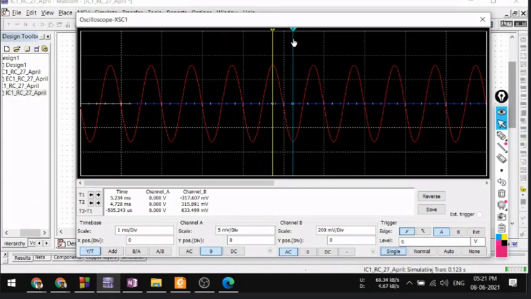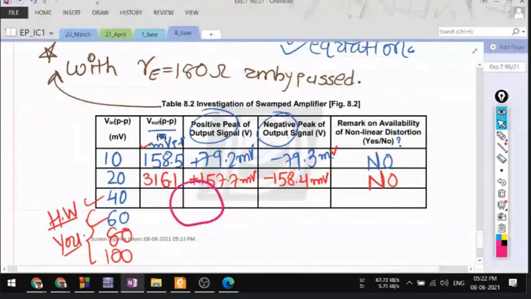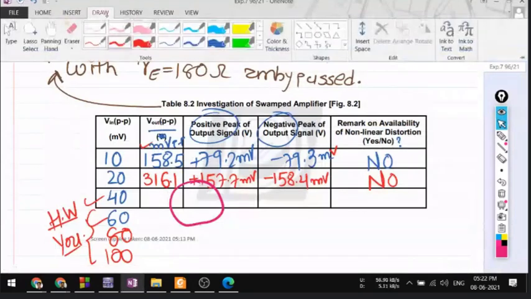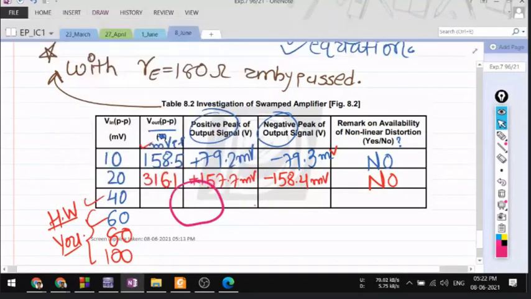Now you can see this, student. Have a look at this one. What is the negative peak? Minus 317.6 millivolt, right?